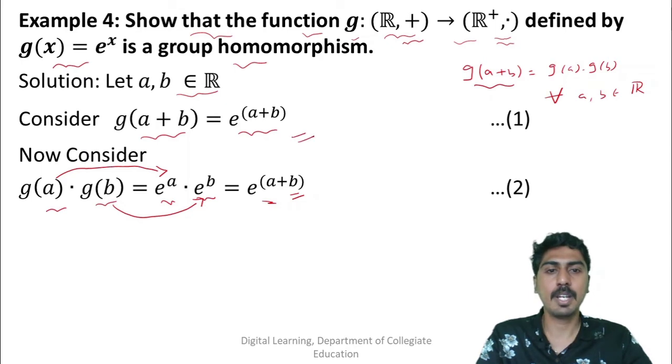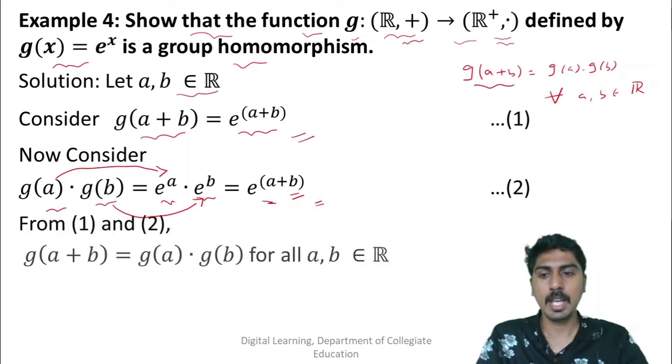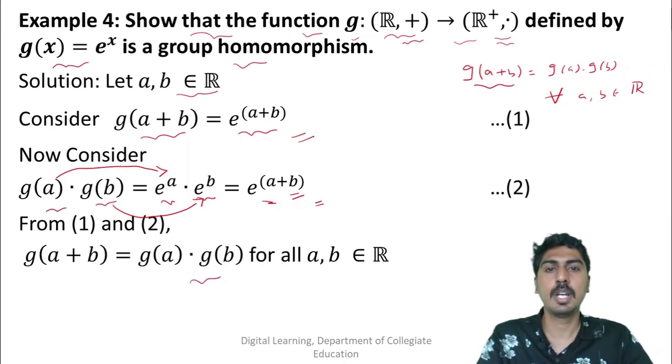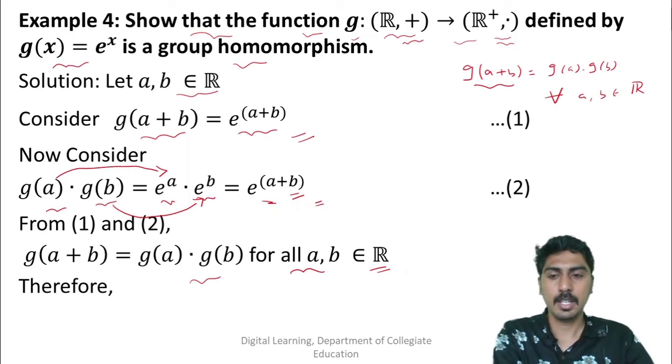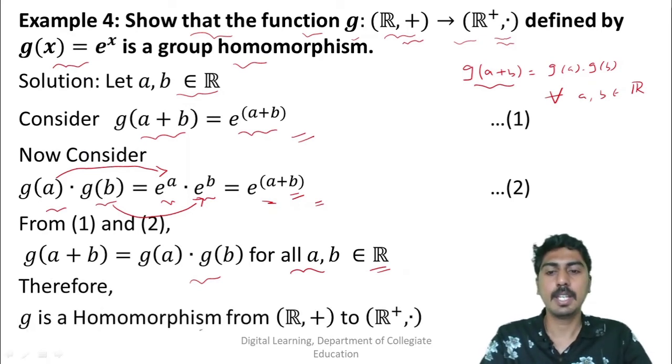From equation 1 and equation 2, we have g of a plus b is equal to g of a into g of b for all a, b in R. Thus, the function g is a homomorphism from R plus to R plus dot.